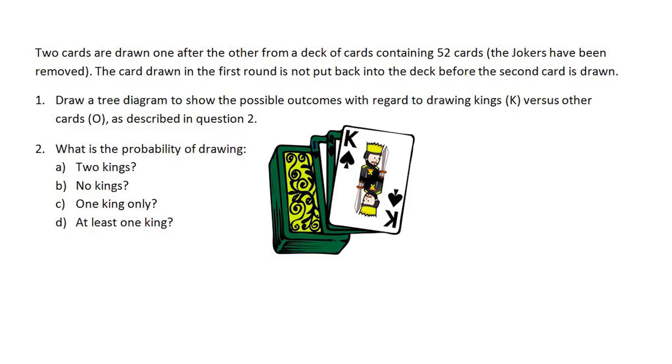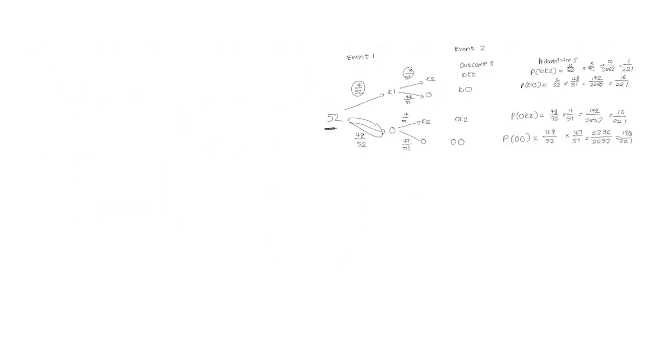The next part of the question asks us to determine the probability of drawing two kings. This involves drawing a king in the first event and drawing a king in the second event. From our tree diagram, we can see that the probability of drawing a king in the first event and second event is given by the following formula.